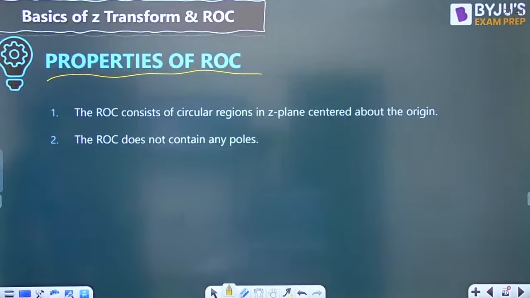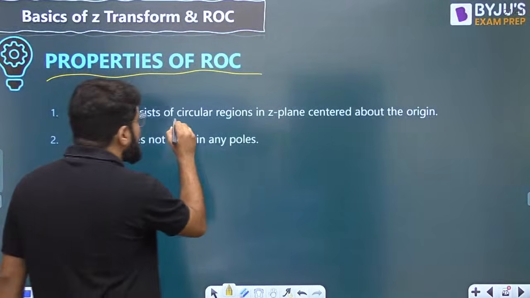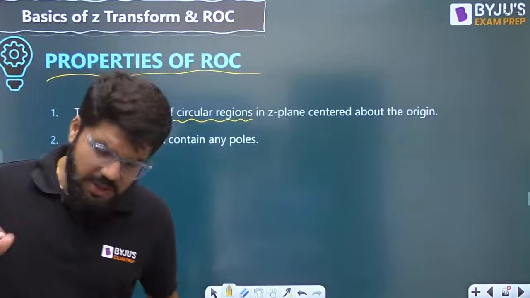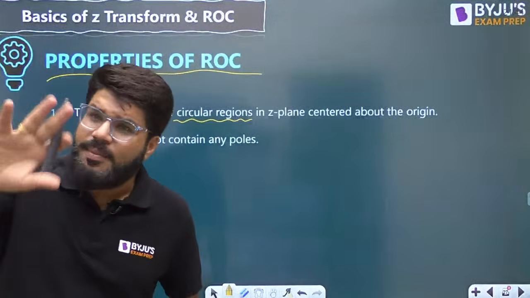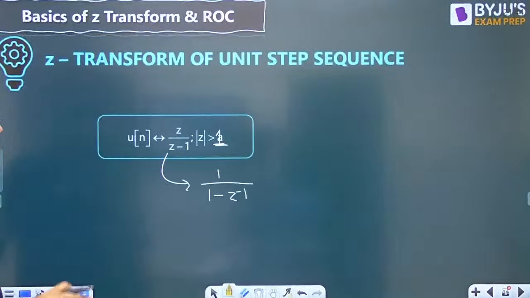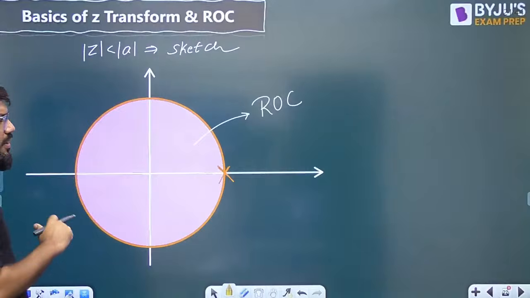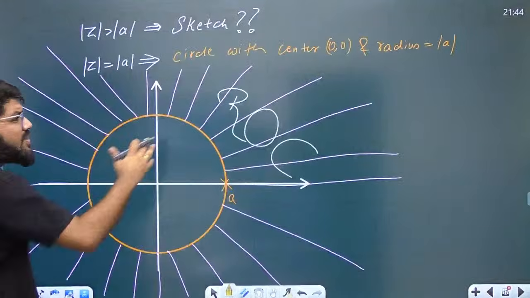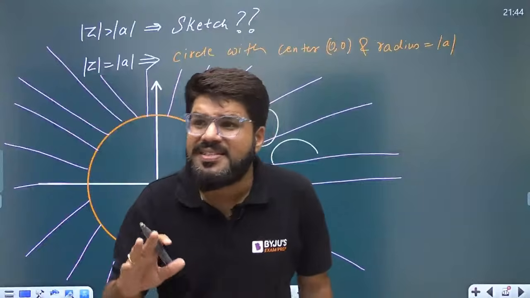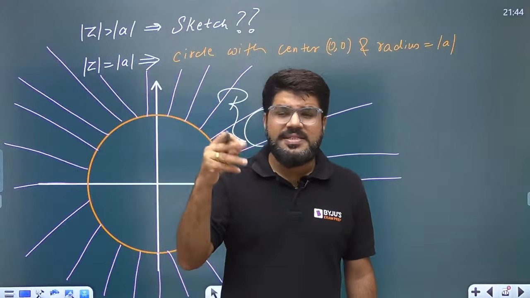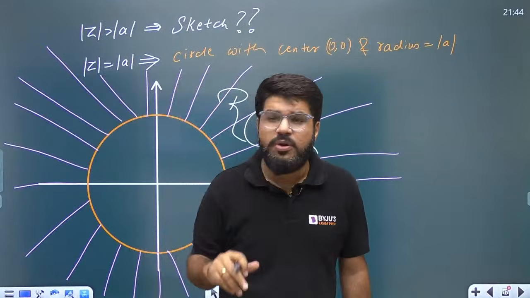First of all, what is the observation? The ROC consists of circular regions in the Z plane. It may be the exterior of a circle or the interior, but it is always a circular type of region. The first case that we saw was the exterior of a circle. Maybe exterior, maybe interior, or maybe one more case I am going to talk about.